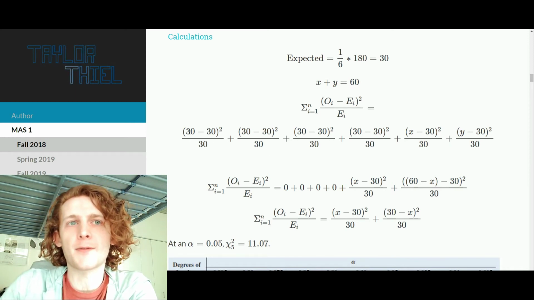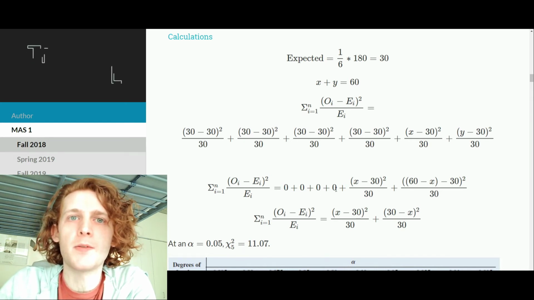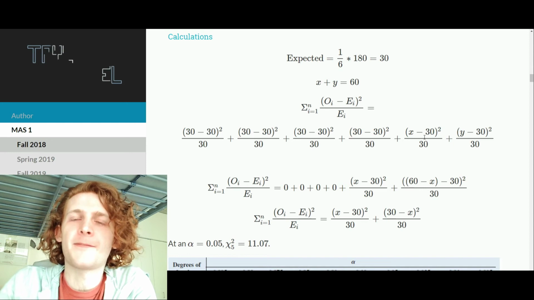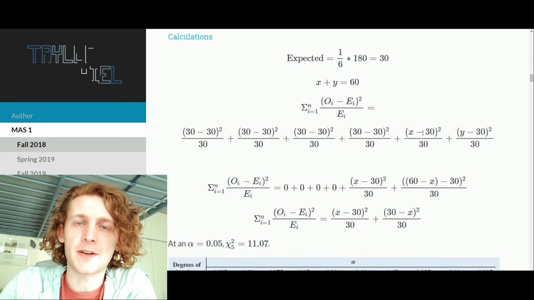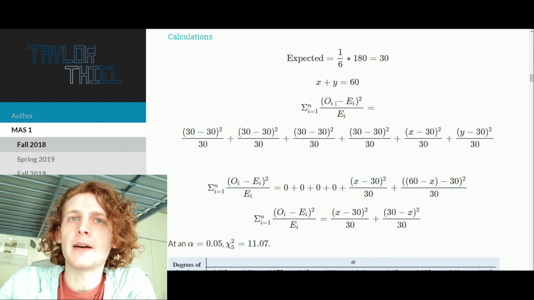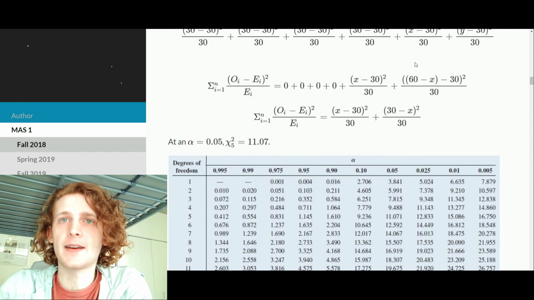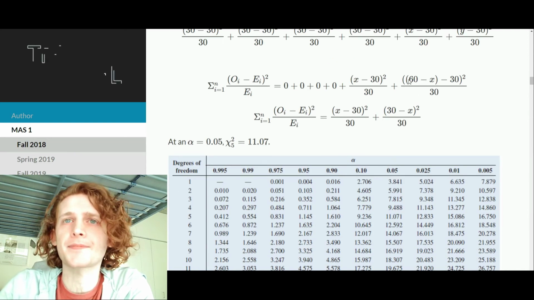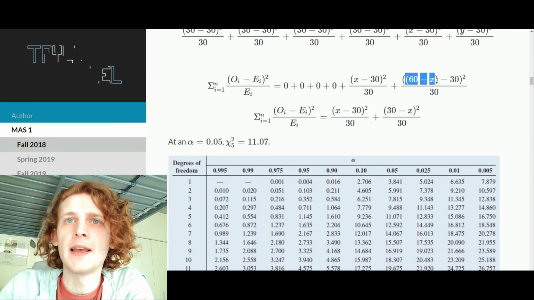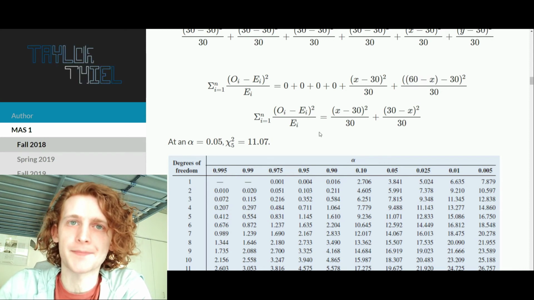For the first 4, that's just 30 minus 30 squared divided by 30, which ends up being 0. And then finally we have x minus 30 squared divided by 30 and y minus 30 squared divided by 30. But we again know that x plus y equals 60, and so we can simplify and get everything in terms of x. So that's why we sub in 60 minus x here, and then that simplifies to 30 minus x.